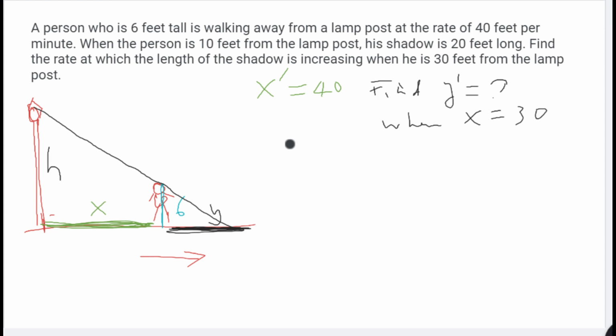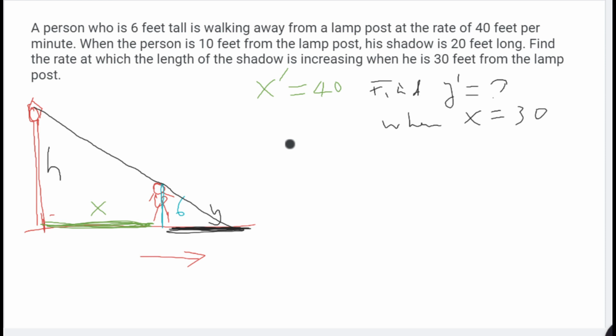We know nothing about that yet. All right, so let's see what these properties of similar triangles tell us.